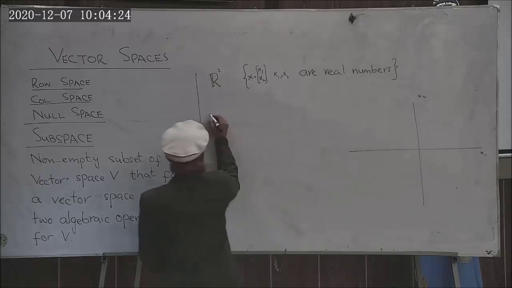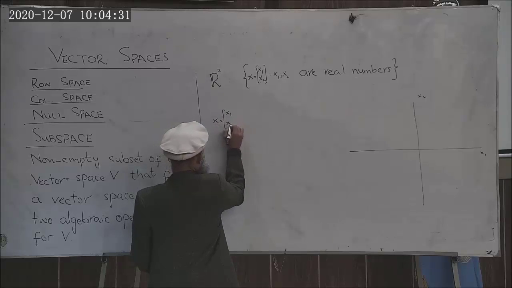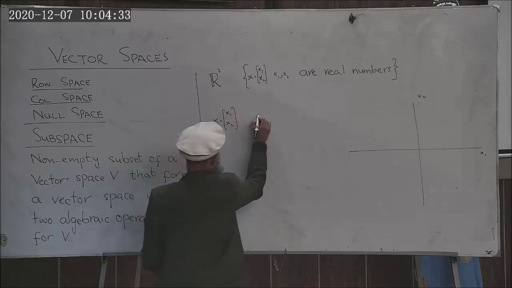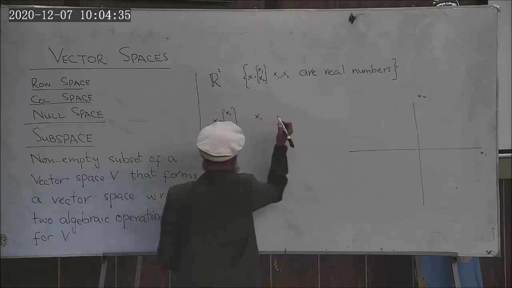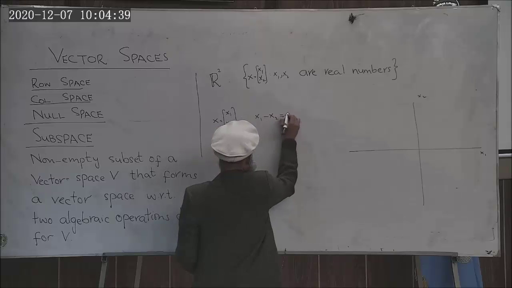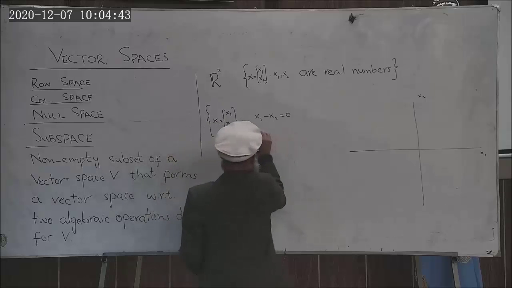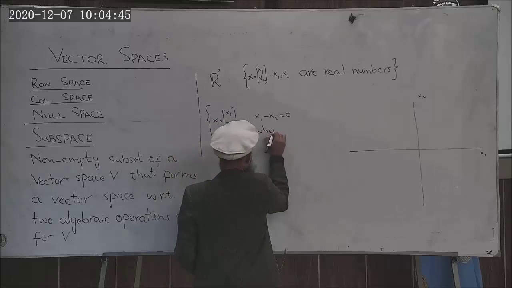Let's talk about this subset: x equal to (x1, x2), such that x1 minus x2 is equal to 0, where x1 and x2 are real numbers.